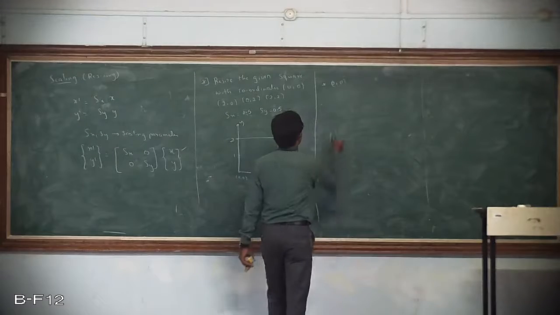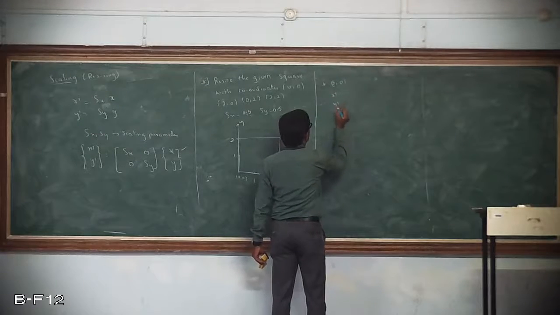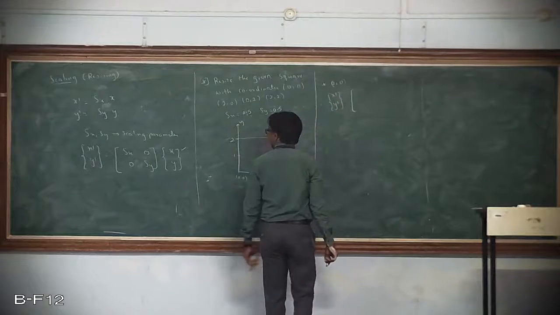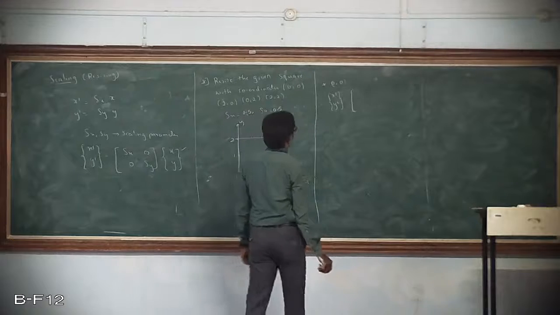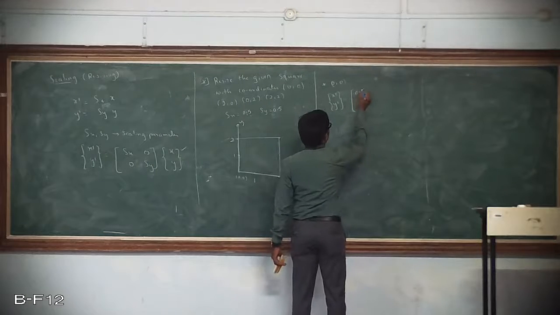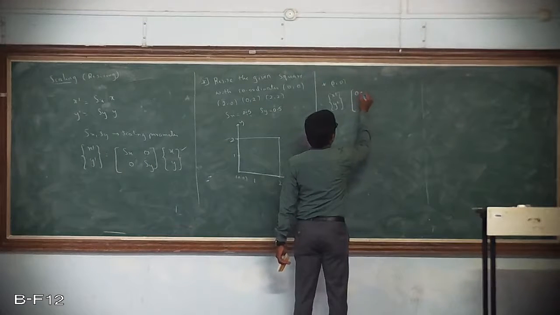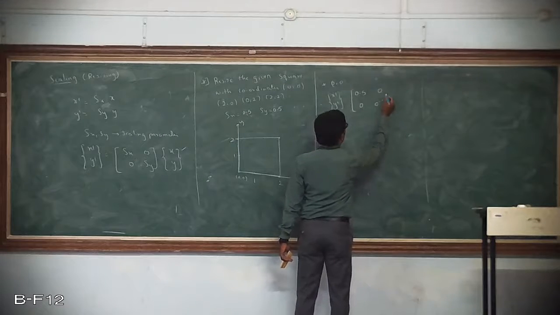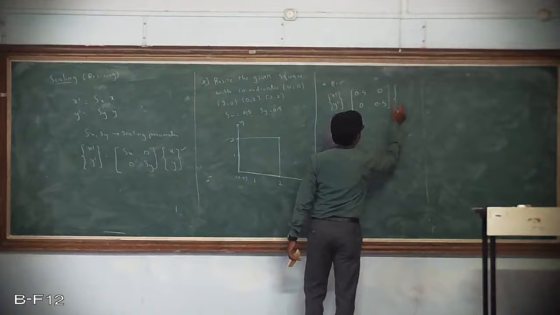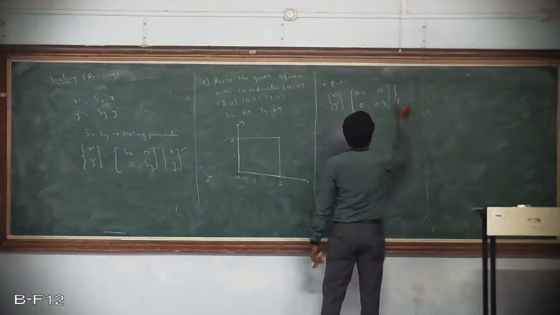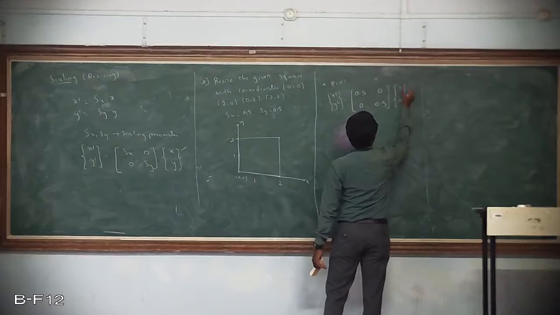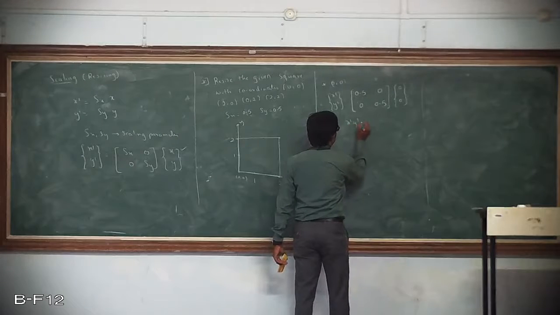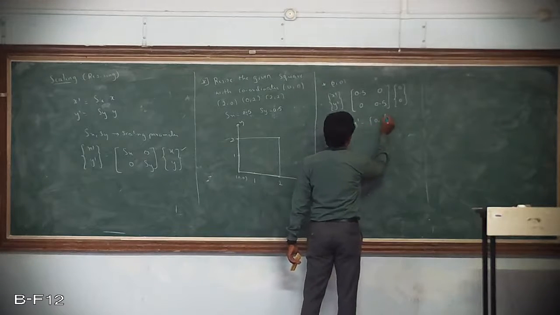We'll try to get the new coordinates x dash, y dash. So it is Sx 0, 0, Sy, so it will be 0.5, 0, 0, 0.5, and the coordinates are 0, 0. As the coordinates are 0, 0, the answer x dash, y dash is 0, 0.